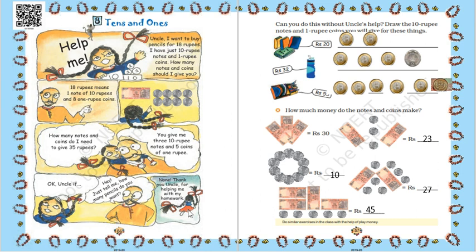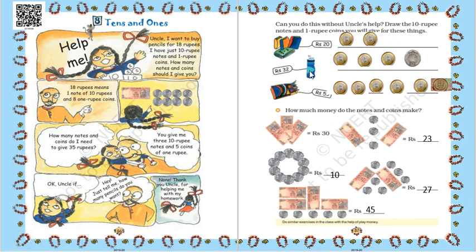So this girl is very clever and she takes the help of this shopkeeper to do her homework. But we will do these exercises ourselves, okay? Now draw the 10 rupees notes and 1 rupee coins you will give for these things. For 20 rupees you have to give 2 ten rupees notes.